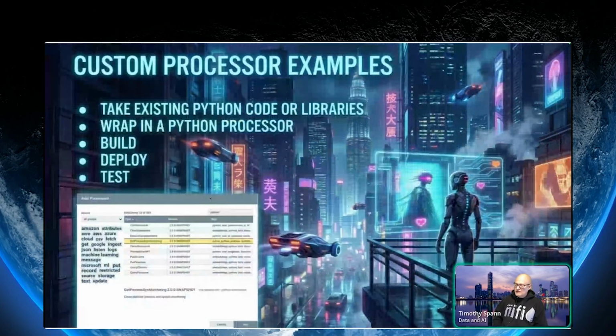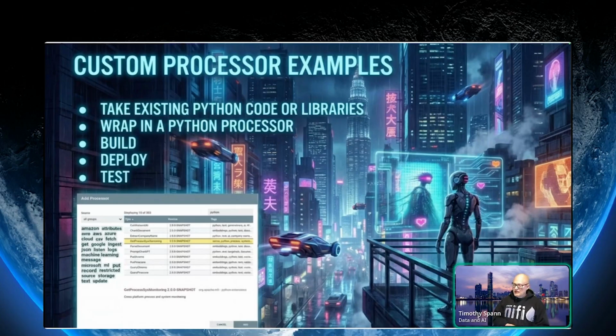Again, the common thing to do is take some code or libraries you have already, wrap that in that syntax I showed you. There's a little script that can build in and package it up into what's called a nar file, which is basically just like a tar file with some metadata in there. We deploy it, whether that's to NiFi, where just drop it in a directory, or something like OpenFlow.